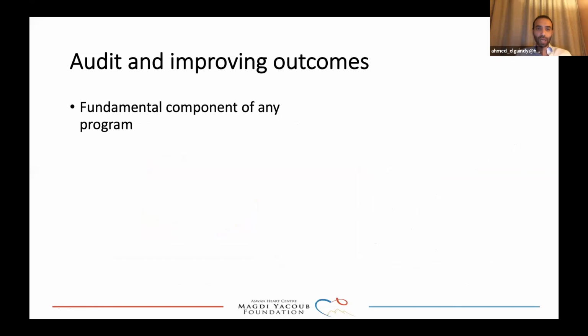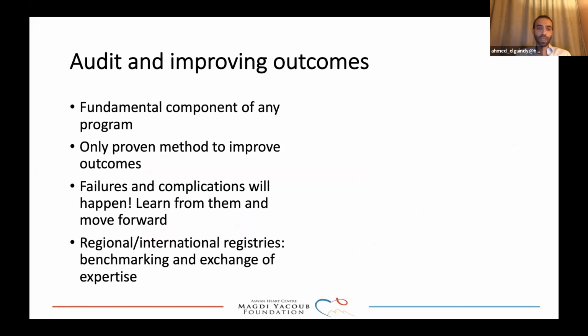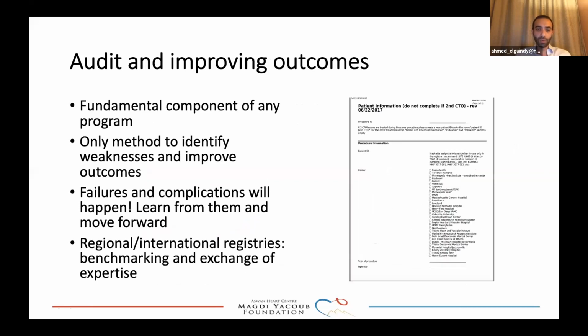And an intricate part of continuous learning is continuous audit and improving outcomes. And we know that this is a fundamental component of any program. It's really the only way we can judge whether we're going in the right way or the wrong way, and what exactly are the key weaknesses that we need to work on.